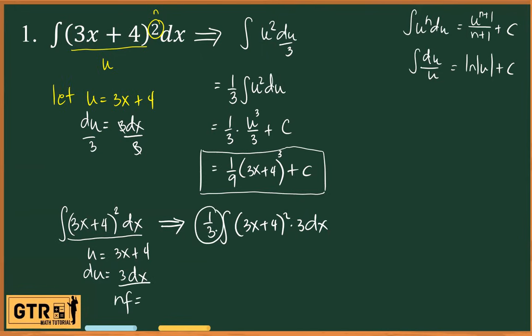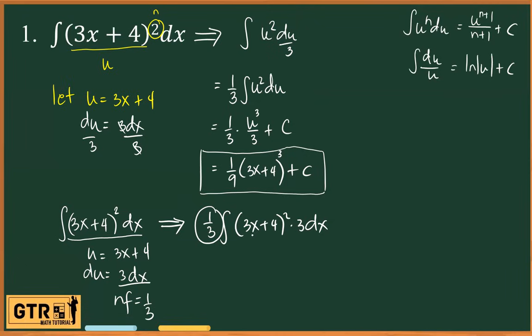Usually the neutralizing factor is the reciprocal of the constant in the dx. We have 3 dx, so the neutralizing factor is 1/3. So the first solution is by simple substitution, and the second one is by introducing the neutralizing factor. If our differential contains a constant, the neutralizing factor is the reciprocal of the constant 3, so we have neutralizing factor equals 1/3.